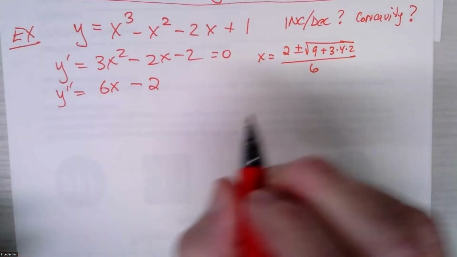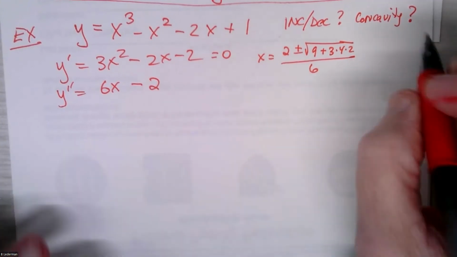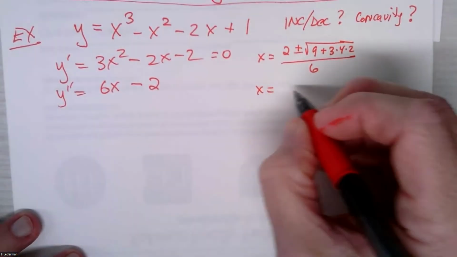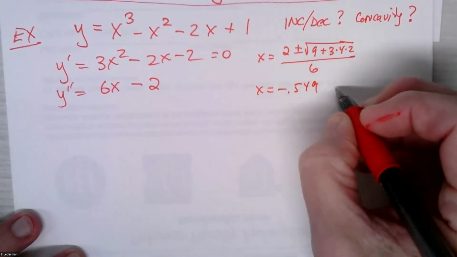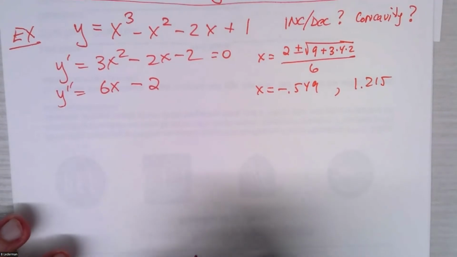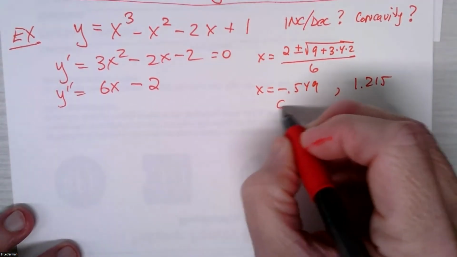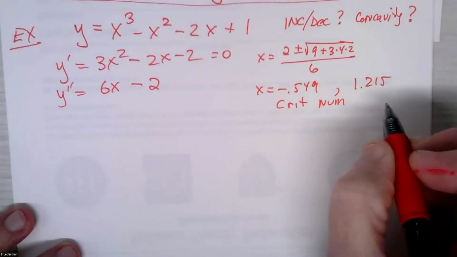And this comes out to be, let's see, when x equals negative 0.549 and positive 1.215. So these are the critical numbers.